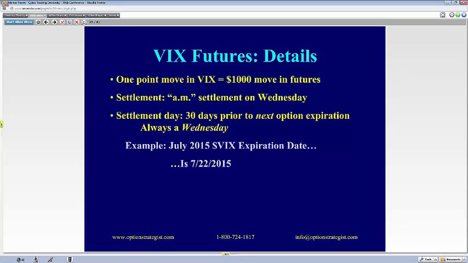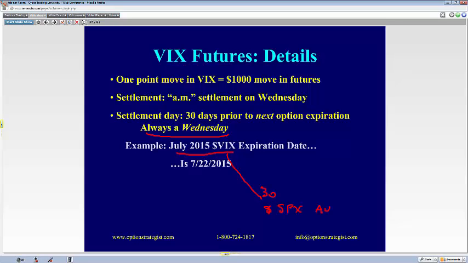The futures and options have a sort of interesting thing. They expire on a Wednesday instead of the third Friday of the month. And in fact, they expire 30 days prior to the options that are attached to the futures. So for example, here, July VIX futures are attached to something that expires 30 days out, which happens to be SPX August options.